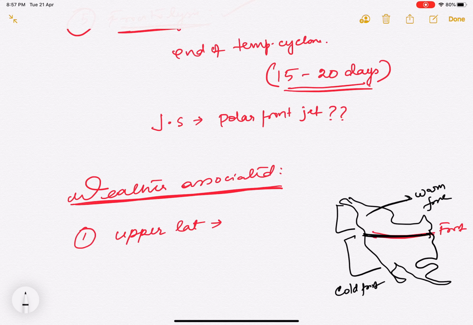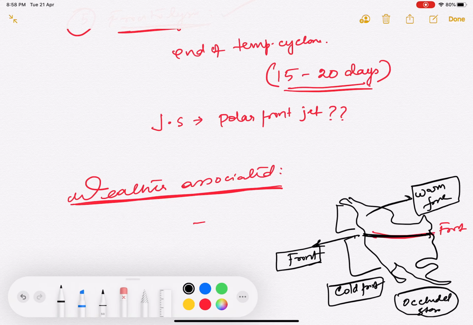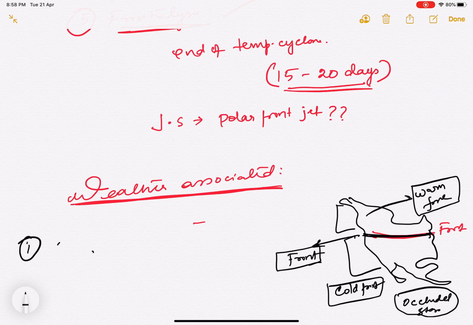First of all, we'll talk about what the weather was when the front was not formed. Then what was the weather in the warm front area, what was the weather in the cold front area, and then we'll talk about the occluded front, the occluded stage. In each and every stage the weather phenomenon was completely different.